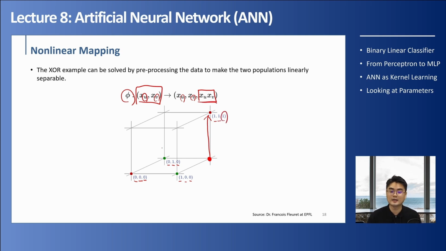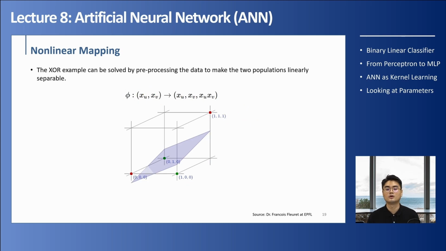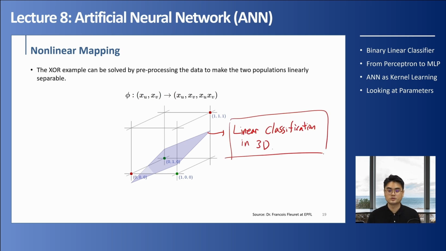So this now became a three-dimensional space, and in this three-dimensional space, we can do linear classification with this single plane. So we have one linear classification boundary to solve this XOR problem.